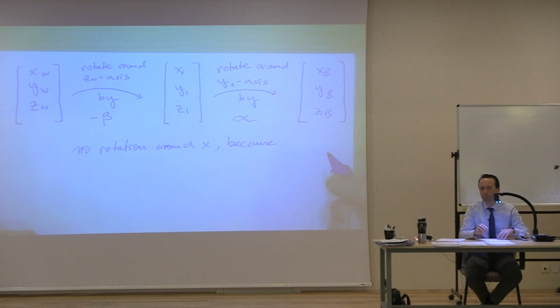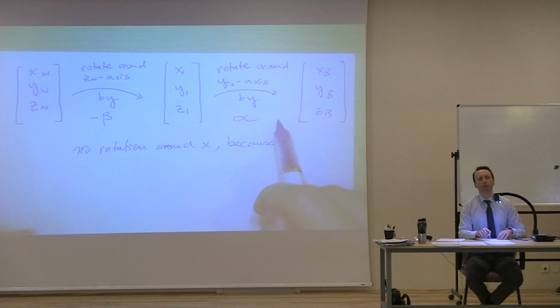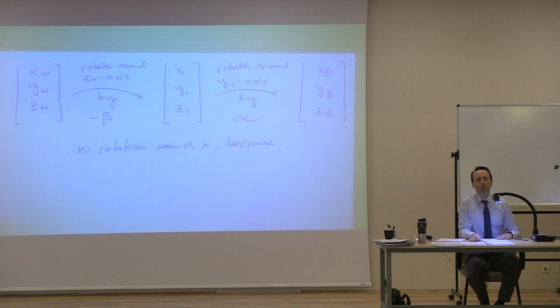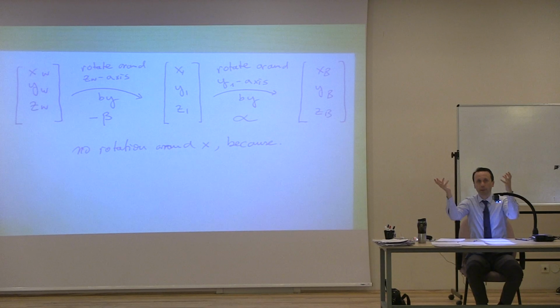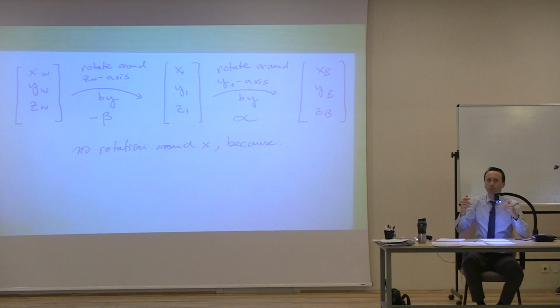And you know why that would be? Why is it enough to only rotate in 2 angles but not in 3? Because you would think that XW, I mean the wind fixed coordinate system, and X body, are arbitrary in space. So you need 3 rotations typically. But in this case you need only 2. Why would that be?